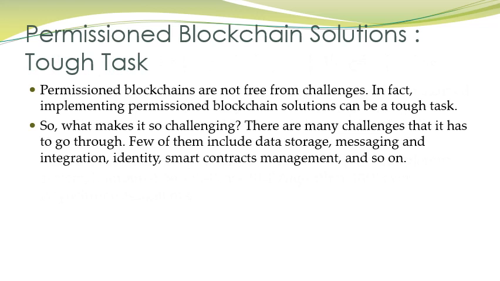So students, we know where these permission blockchains are used. These permission blockchains are used in industry, for a group of people to exchange information. In a permission blockchain, the users are already known. The users are already pre-selected and predefined.